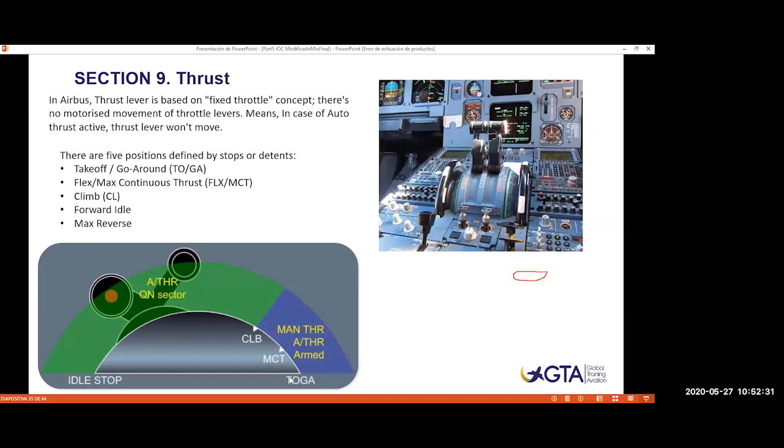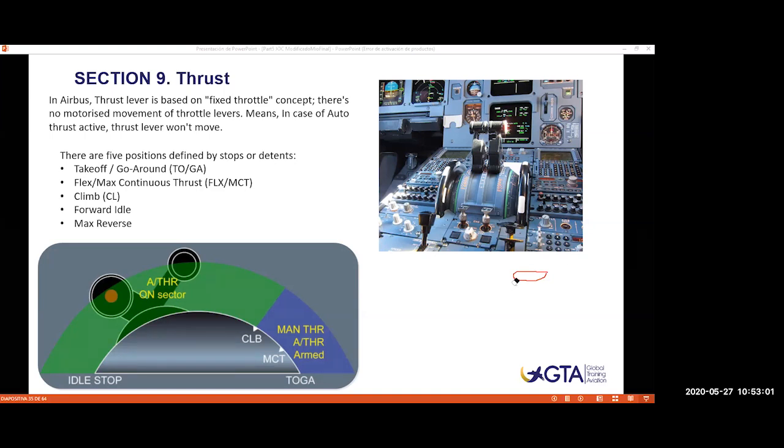Another position is flex or maximum continuous thrust, depending on the situation. The other one is climb. This position we keep almost during all the flight, and then idle and maximum reverse. These are the different positions that we have in this aircraft.